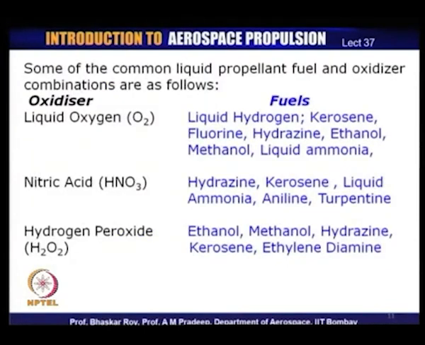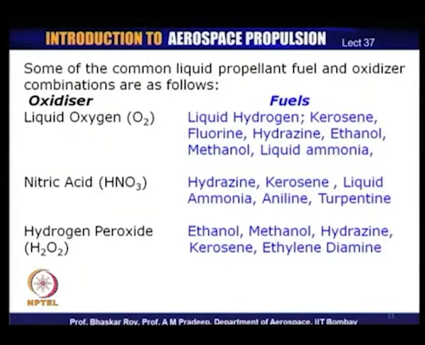Now, let us look at some of the common liquid propellant fuel and oxidizer combinations. In terms of oxidizer, we have liquid oxygen, nitric acid and hydrogen peroxide. Now, each of these oxidizers can use various fuels. For fuels we have liquid hydrogen, kerosene, fluorine, hydrazine, ethanol, methanol and liquid ammonia.